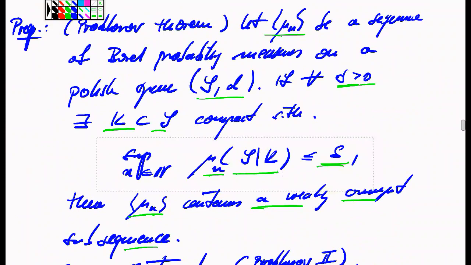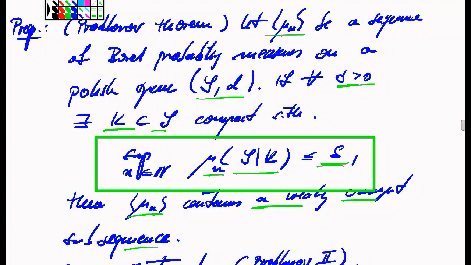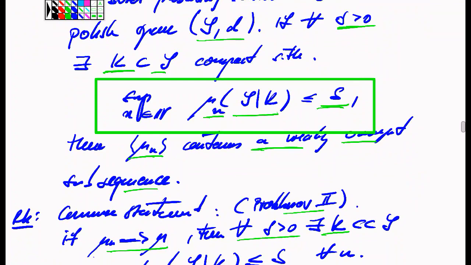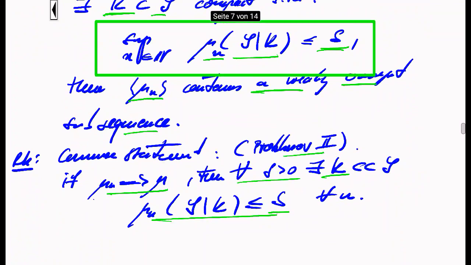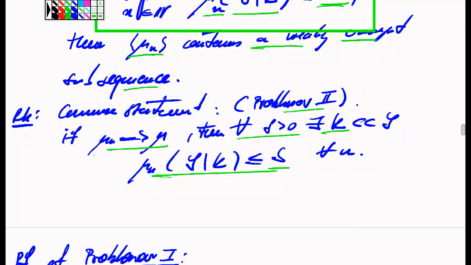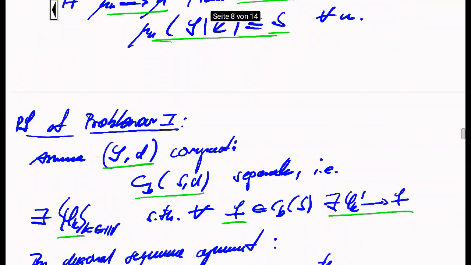So if for any tolerance level delta, we can find a compact subset in this Polish space such that the sequence of probability measures is concentrated onto this compact set uniformly with a uniform error delta, then this sequence of probability measures contains a convergent subsequence which converges to some probability measure on the state space S in the sense of weak convergence.